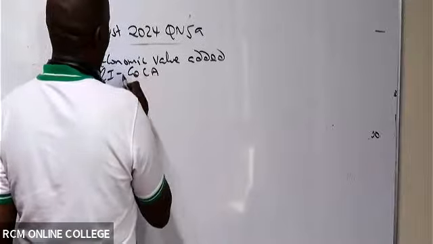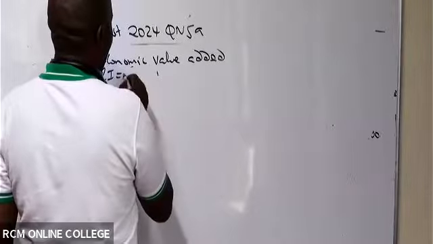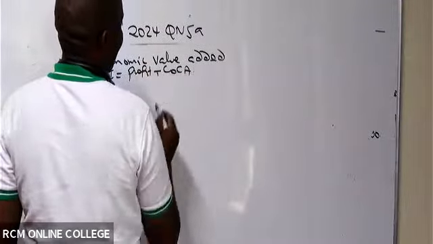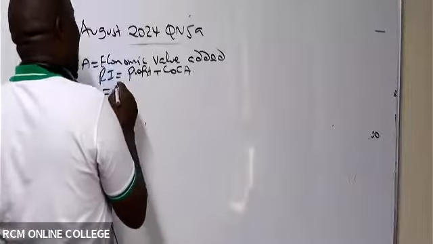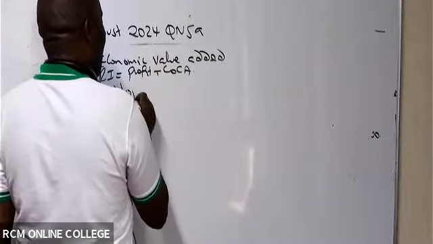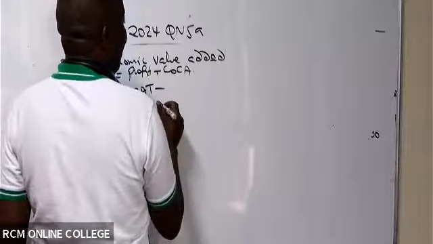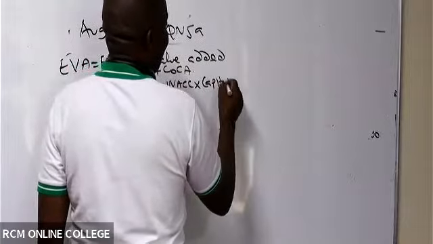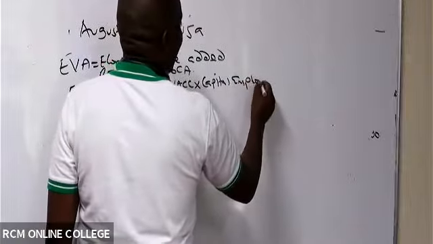Profit minus cost of capital. Forever, we shall talk of NOPAT minus WACC times, in this case here, capital employed.